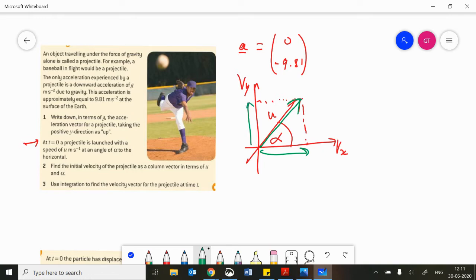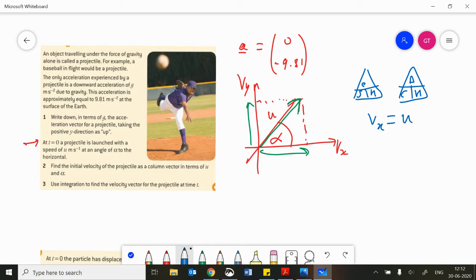Now, if you use SOHCAHTOA trigonometry, we've got SOH, we've got CAH. If we use, for example, the cos triangle here, we can see that the adjacent, which is the velocity in the X direction, the X component, is equal to h.